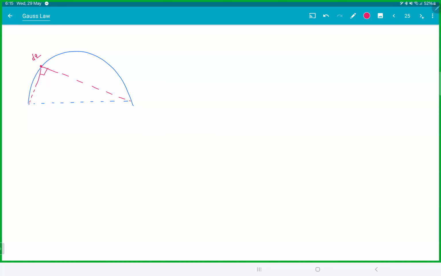You getting it? So every dq charge contributes 1/4 of the flux.